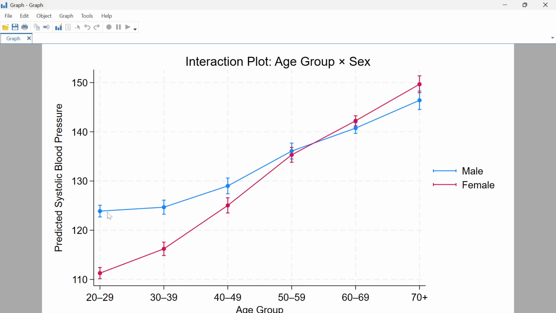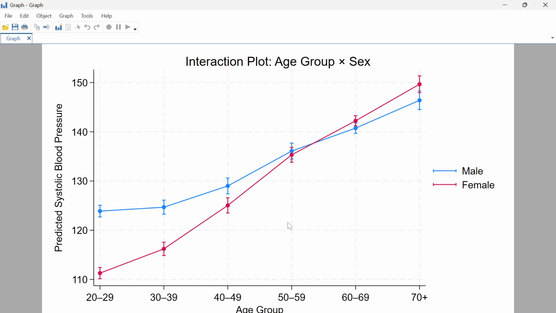First, as we observed in the descriptive table, males have higher mean systolic blood pressure. You can see that pattern up to age 50, and then as they grow older, the gap shrinks between male and female. Above 50, you can see the lines cross, and now at the older age groups, females have higher systolic blood pressure than males, right?